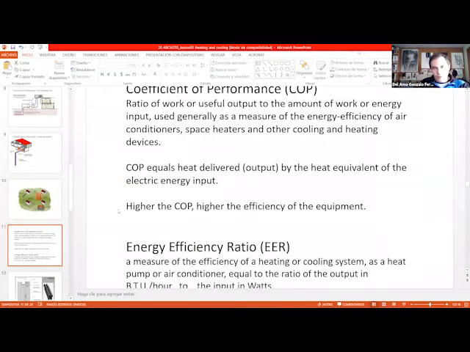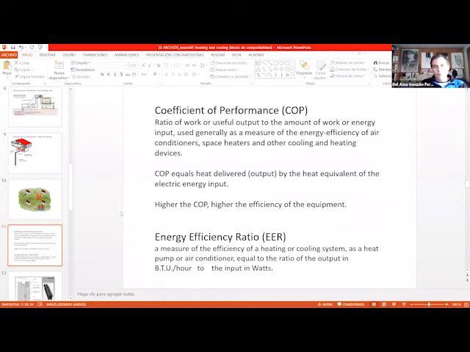Well, when we are talking about efficiency, we have to be aware of these two definitions. We have the coefficient of performance, COP, and we have the energy efficiency ratio, the EER. The coefficient of performance is the heat delivered divided by the electric energy input.